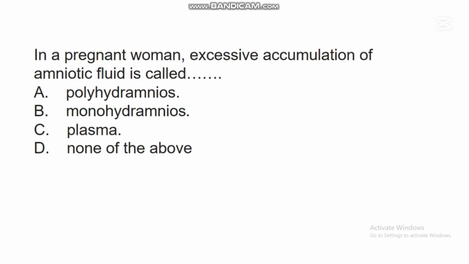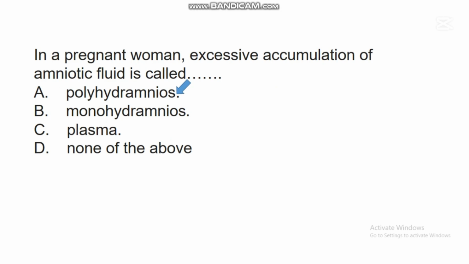The next question says, in a pregnant woman, excessive accumulation of amniotic fluid is called dash. A. Polyhydramnios. B. Monohydramnios. C. Plasma. D. None of the above. In this question, the correct answer is A. Polyhydramnios.